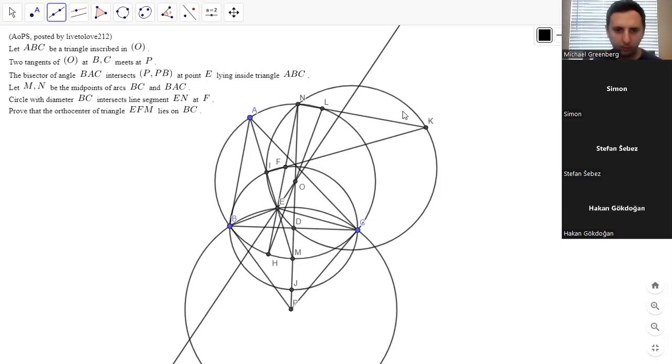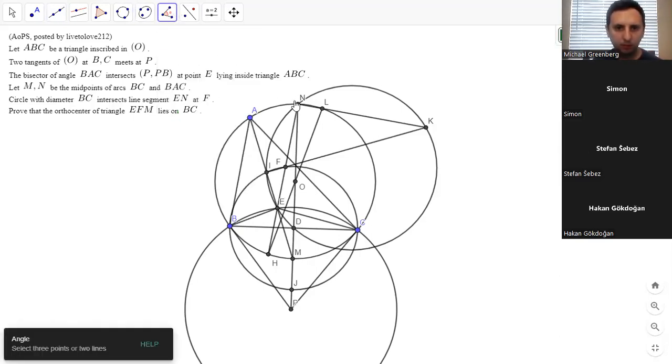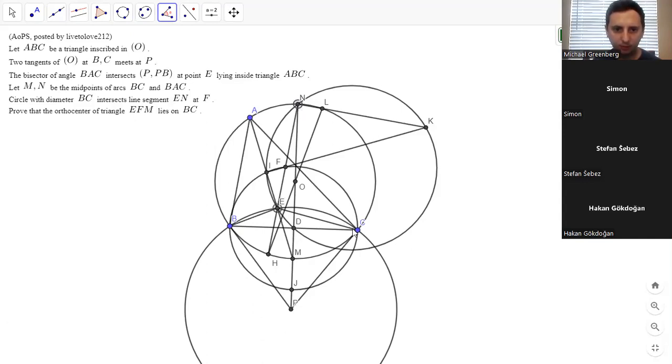All right, I think we're pretty close. If that solves it, let me check this. Is this actually a right angle? I don't think it is. No. That seems like it has to be doable. Let me think for just one more second.